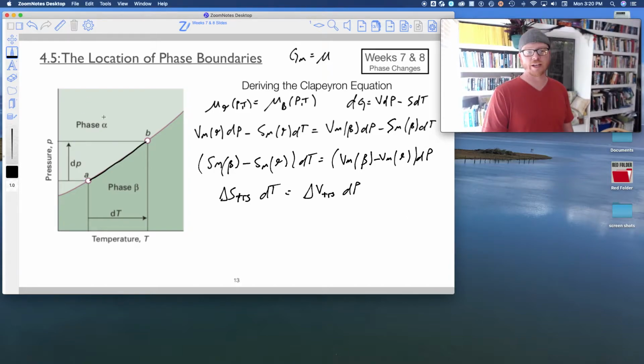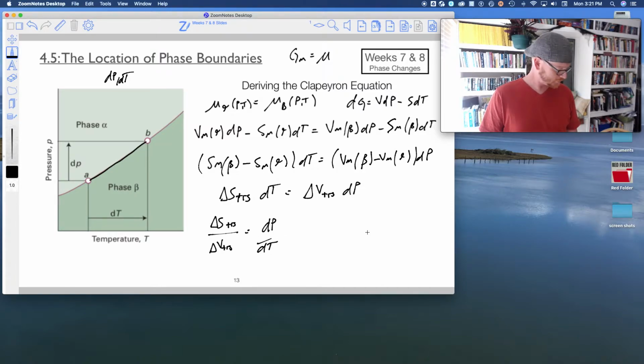And what we're interested in is dP by dT based on this graph. So if I collect those terms, divide dT over, divide V over, I get delta S of the phase transition divided by delta V of the phase transition equals dP by dT.